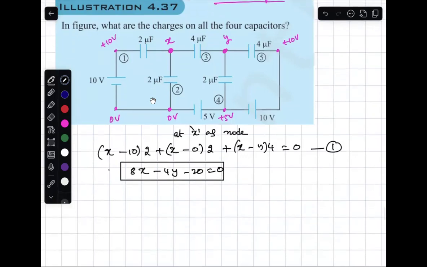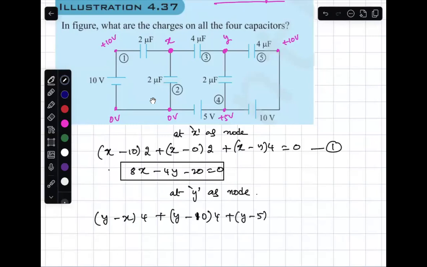Now, Y as a node. Y minus X into 4 plus Y minus 10 into 4 plus Y minus 5 into 2 is equal to 0.